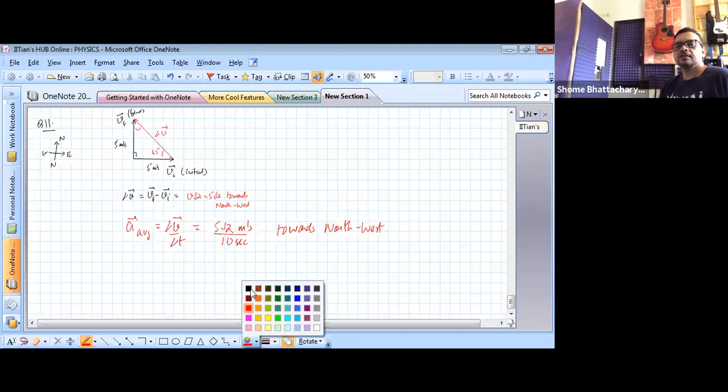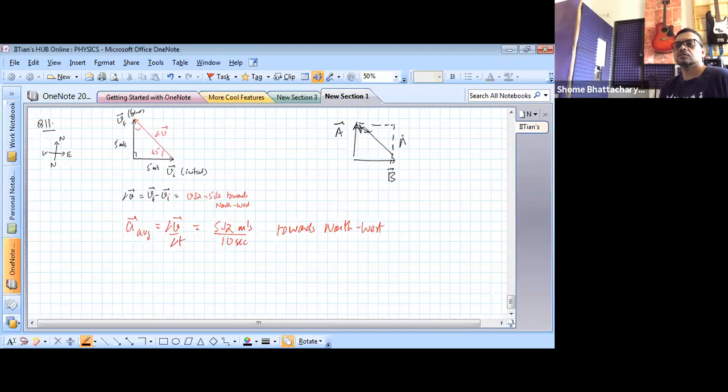You can also do it by triangle law. Here I have done it by parallelogram law. So I have taken the two vectors. Suppose this is A and this is B. Then this is a square actually, so this diagonal becomes A minus B. Have you used this method?